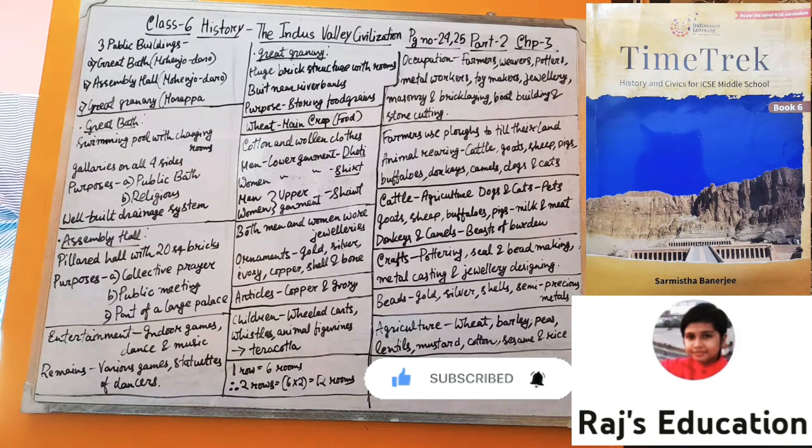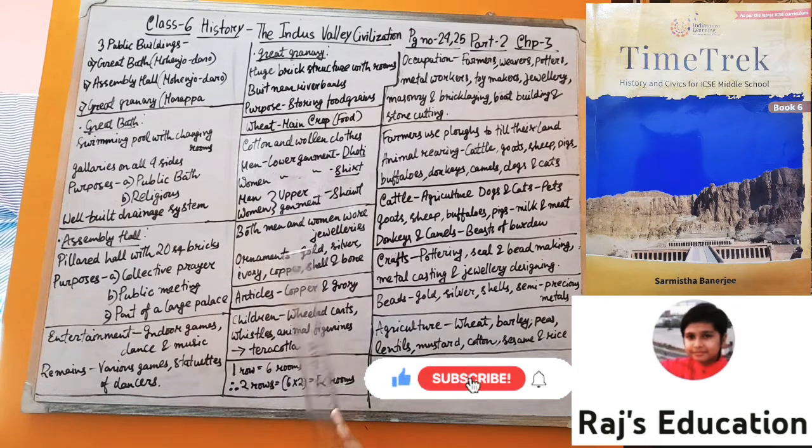Now comes the ornaments. It is not that only women wore jewelry in the Indus Valley Civilization, but it was common for both men and women to wear jewelry. Necklaces, finger rings, amulets, earrings, bangles and anklets were the ornaments owned by the people of the Indus Valley Civilization.